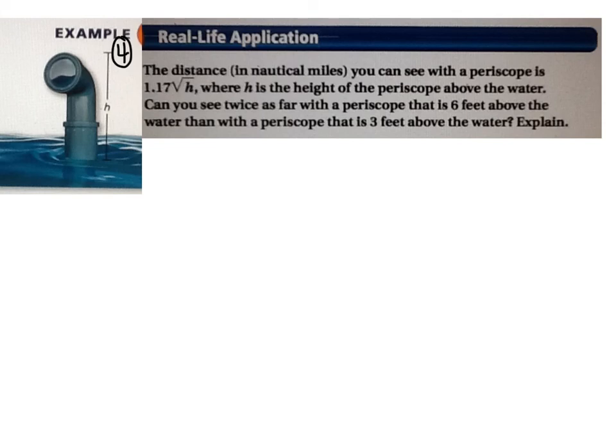Can you see twice as far with a periscope that is 6 feet above the water than with a periscope that is 3 feet above the water? Explain. We're on page 312 in the 8th grade book. We have two things to compare: 3 feet above the water, and 6 feet above the water.